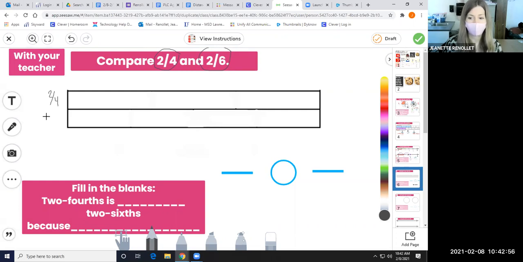On the bottom, I'm going to show 2/6, so I'm going to label it. Right now, you should be working with me. Whatever I write on page 6, you should be writing on your own slide number 6.